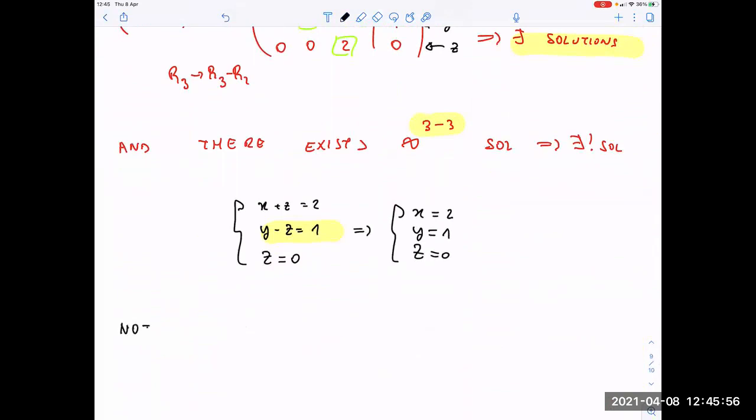The note is that A is a 3 by 3 matrix having rank 3. So you can find the inverse of A. So in other terms, you can solve the system by multiplying by the inverse or using Cramer's rule to compute the values of the unknowns.